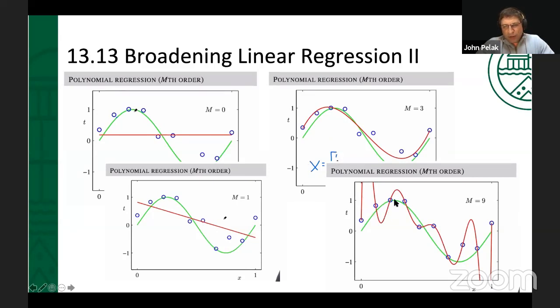But the ninth order polynomial would, while it would be powerful enough to hit all those 10 points exactly, right? It's a little bit too opinionated about how those data points actually should be modeled, and ends up not generalizing well. And again, this is something called the bias variance trade-off that we'll talk about in later lectures on machine learning, right?